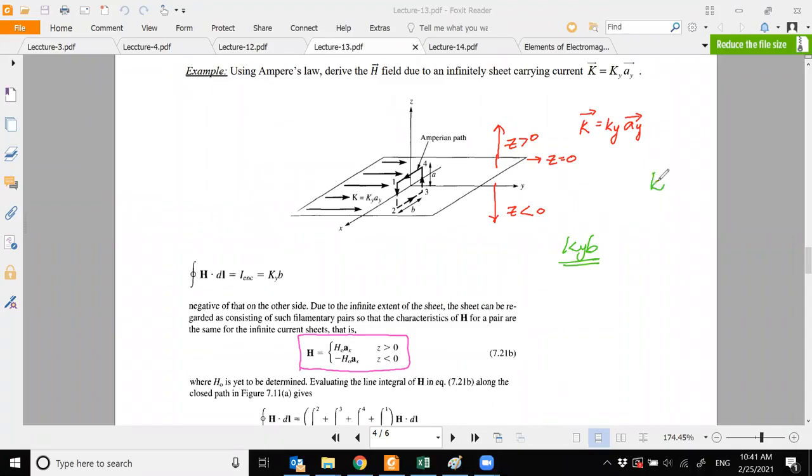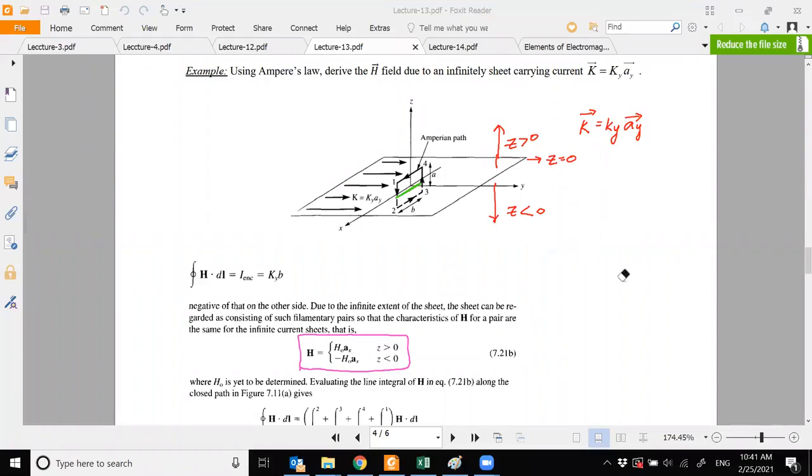So it is Ky times your integral over the L, your dl. But since it's a constant, that's why we just got Ky times B, which is here.